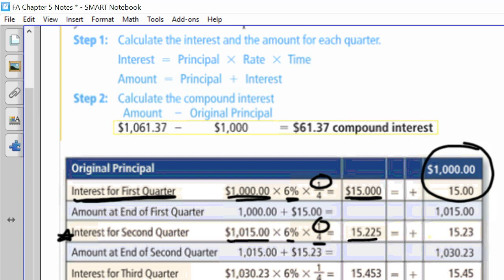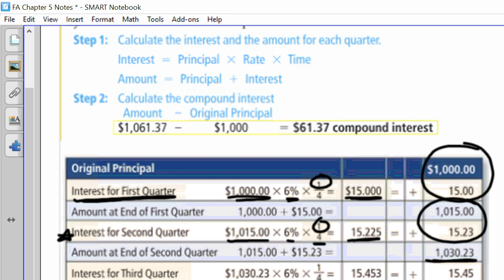We make $15.23. We then add that into our $1,015. So now after 2 quarters, our balance in our account is $1,030.23.